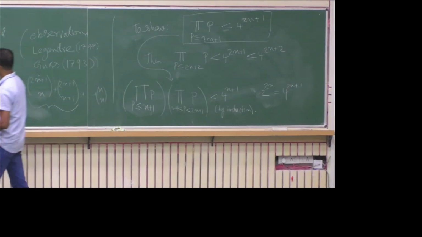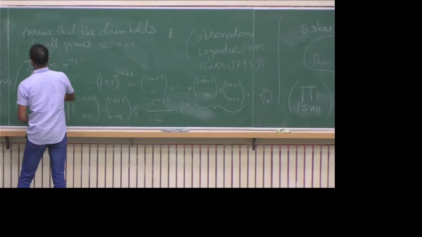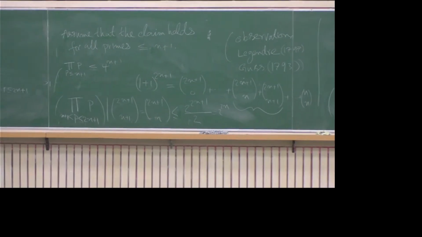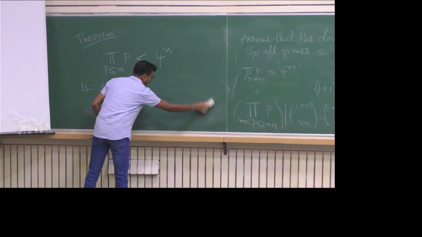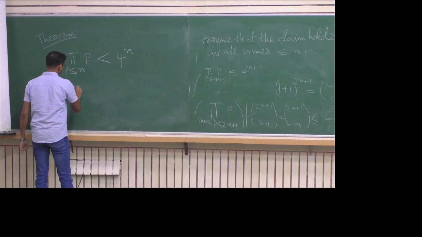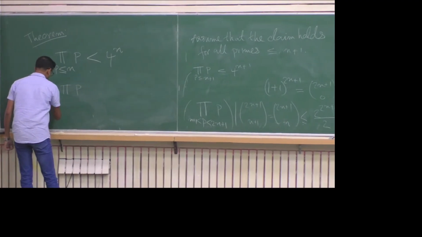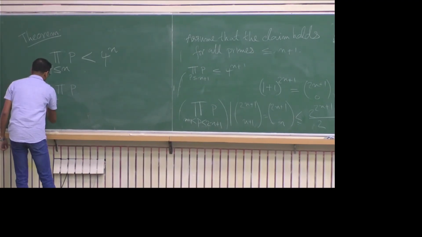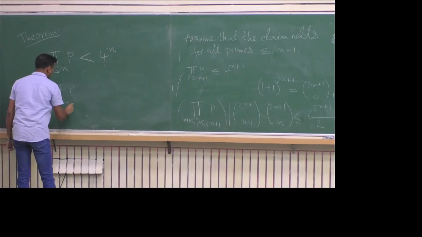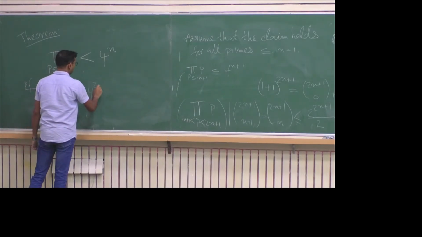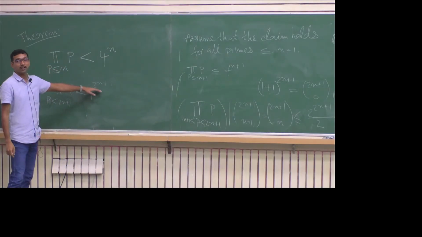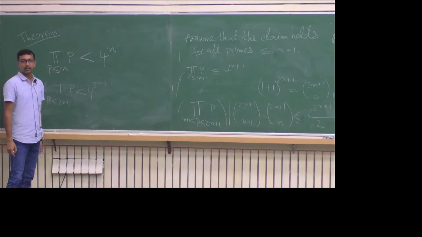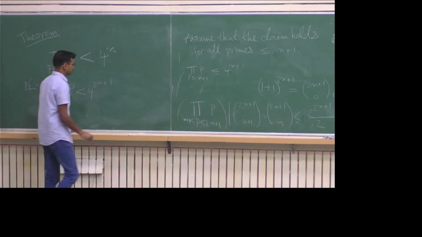So finally we have got that the product of all the primes up to 2n plus 1 is less than 4 power 2n plus 1 for all n larger than 1. And that proves this thing.